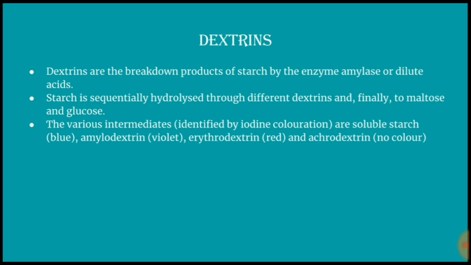The various intermediates obtained are soluble starch, amylodextrin, erythrodextrin, and achrodextrin, formed at the time of hydrolysis. This is the molecular structure of dextrin and the amorphous form of dextrin.